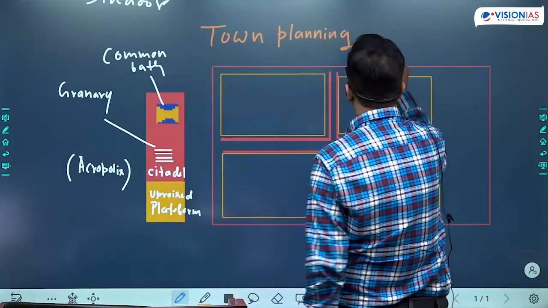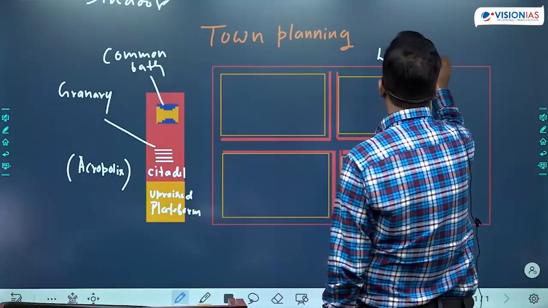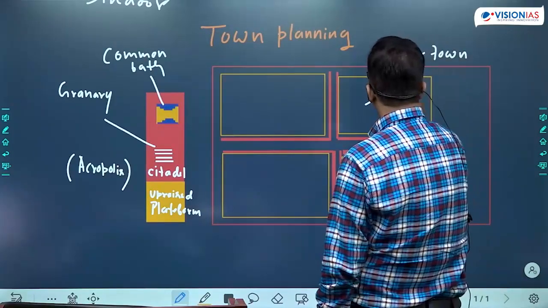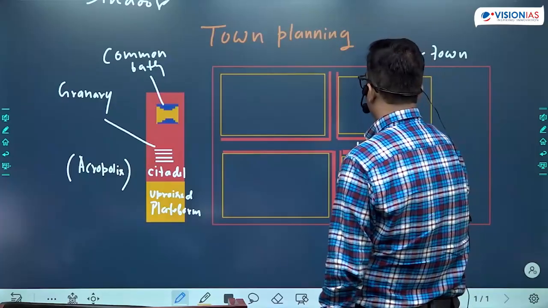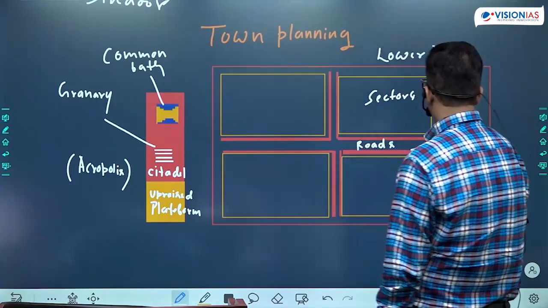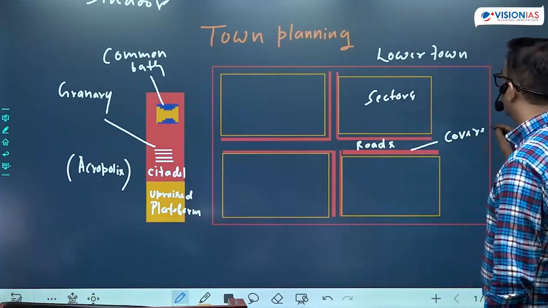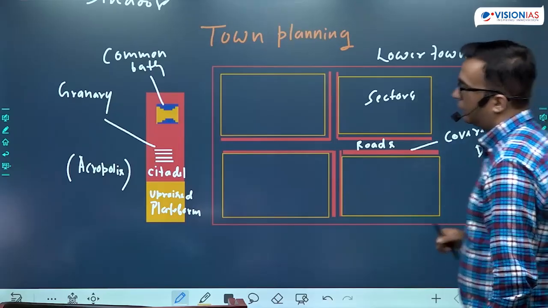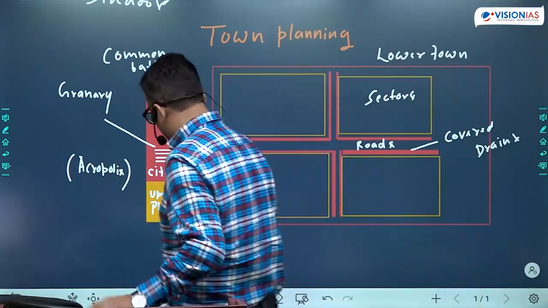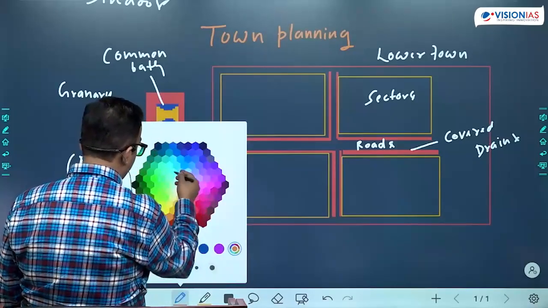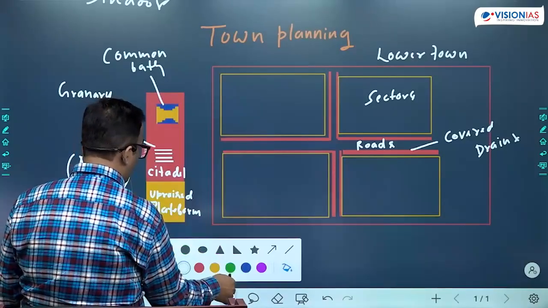This is the lower town. These are sectors, roads, drains, covered drains, and inside the different sectors there are houses.